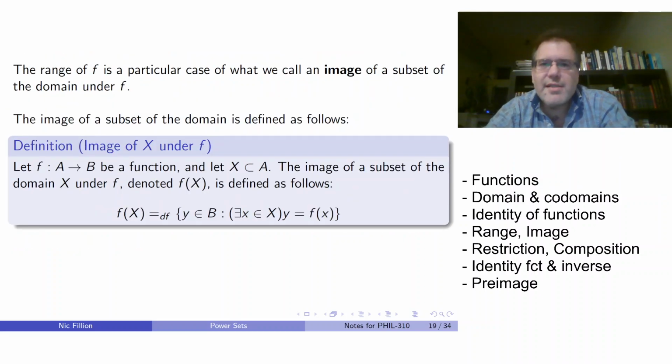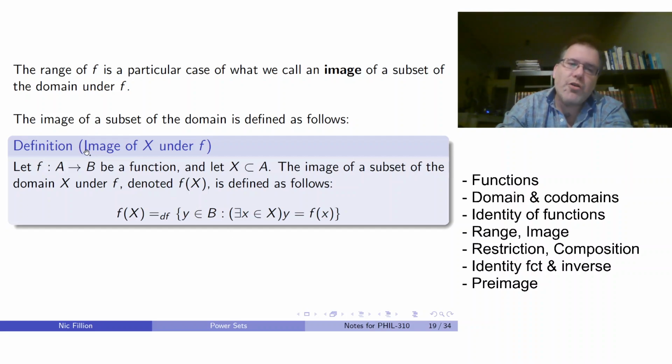Now we want to distinguish the range from the image of a subset of the domain under f. So sometimes the range is called an image, and we're going to see why. But following our use, image is used in the following sense. So we talk of the image of a set under a function.